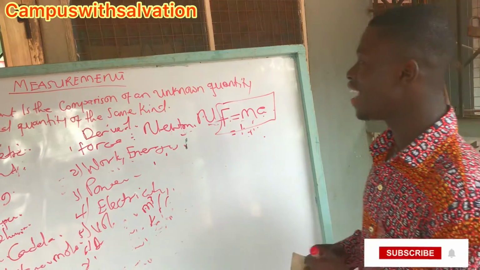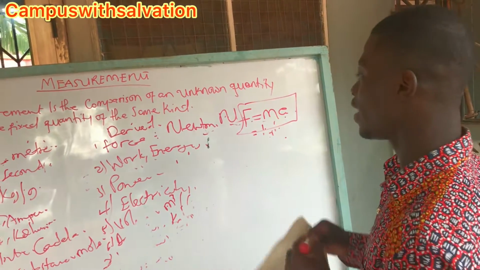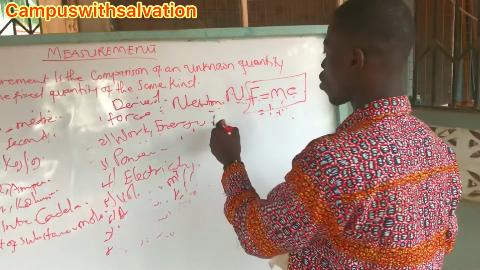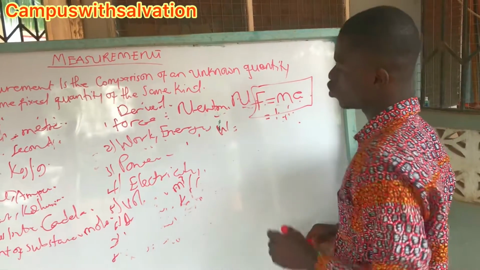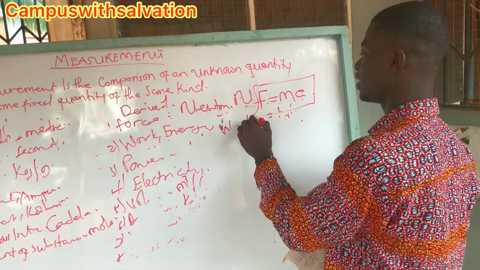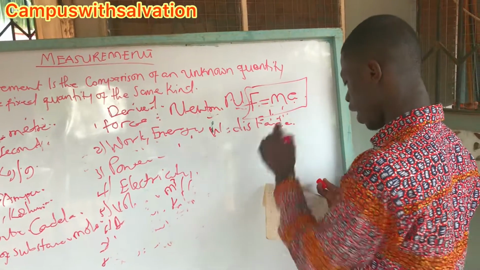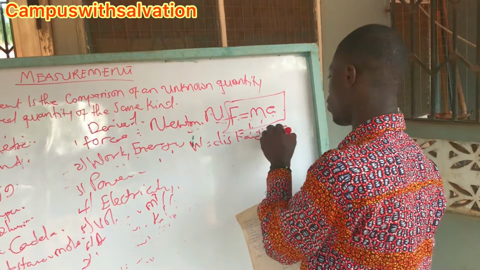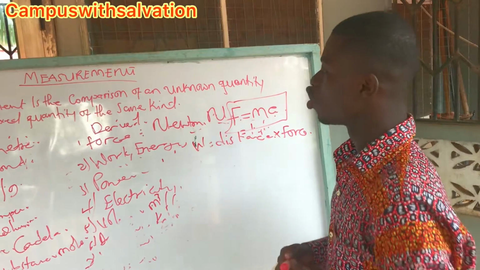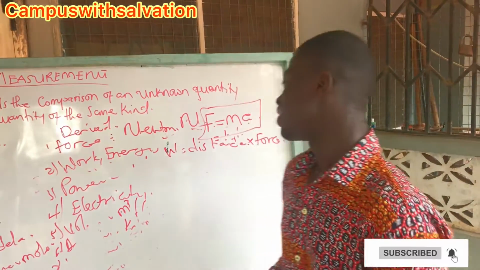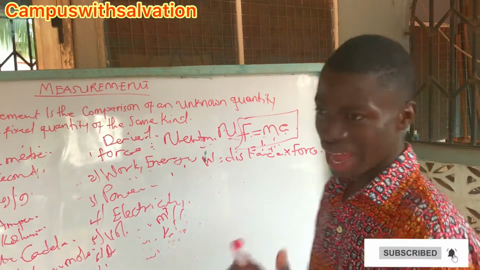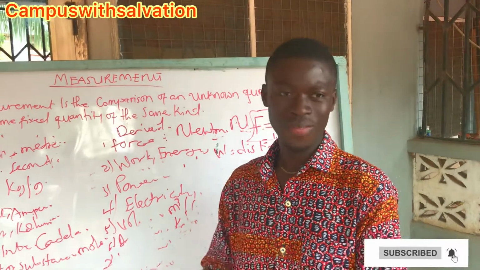We also have energy or work. Let us proceed to the formula for finding work or energy. W is equal to distance times force. So before work could be done, force must be applied, and when the force is applied, a distance must be covered.